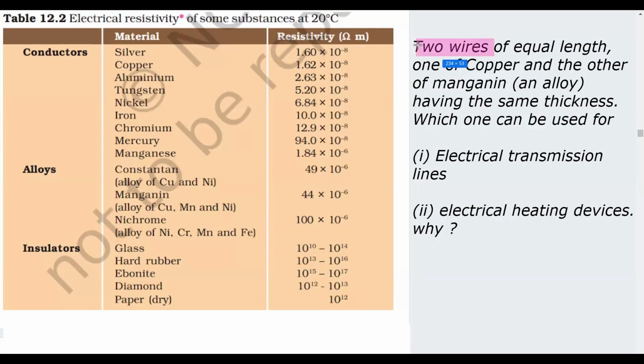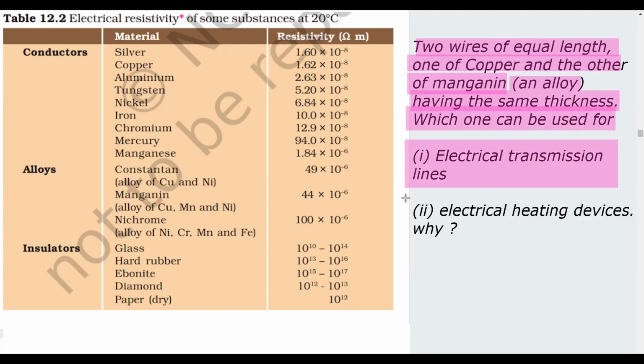In this question, it says two wires of equal length, one copper and the other a manganese alloy, having the same thickness. Which one can be used for electrical transmission and which for electrical heating devices?